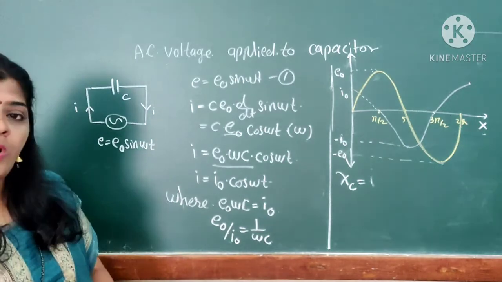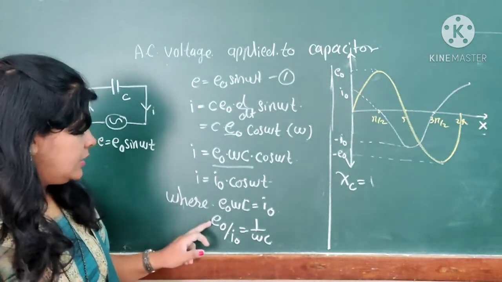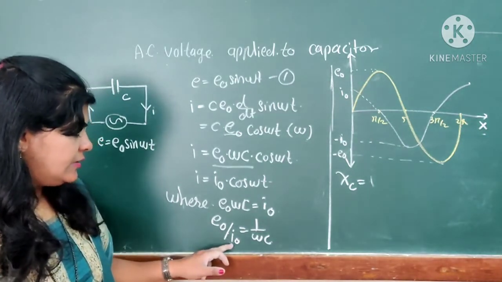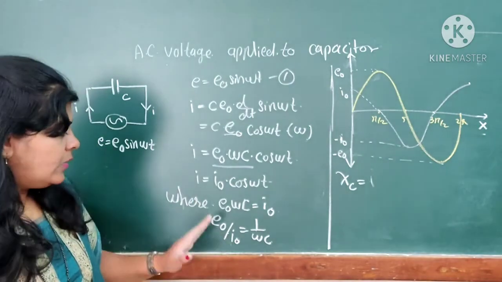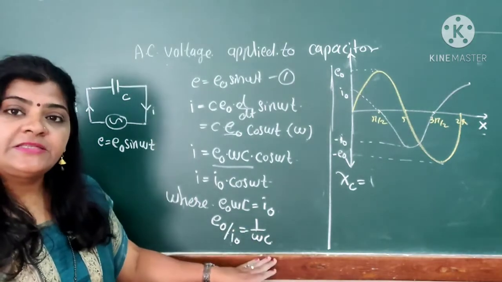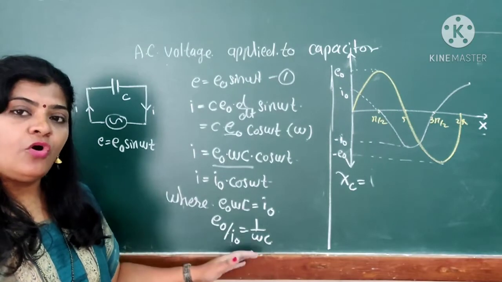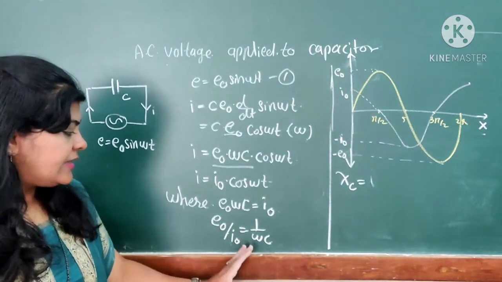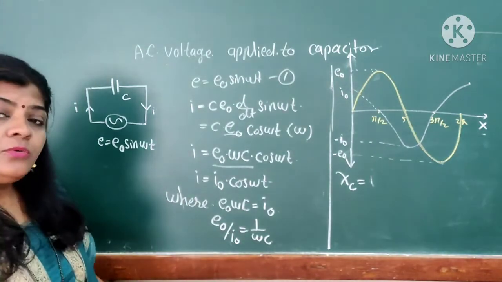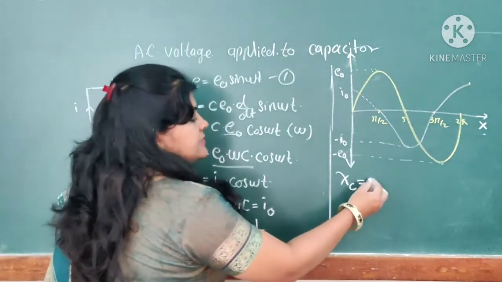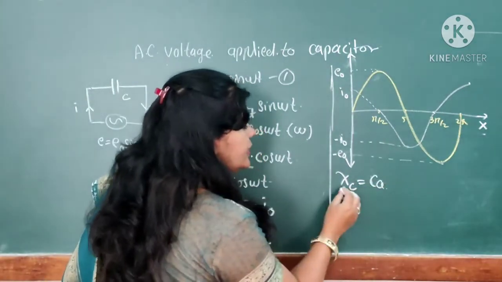E naught upon I naught, voltage upon current, is called resistance, but here the capacitor is opposing the flow of alternating current. That's why a new name is given, capacitive reactance, denoted by Xc.